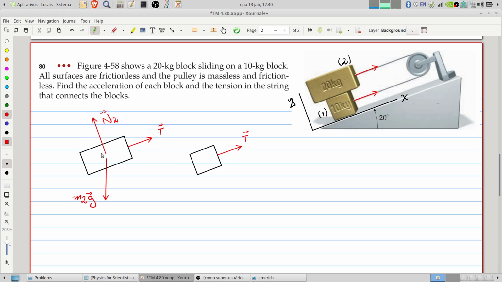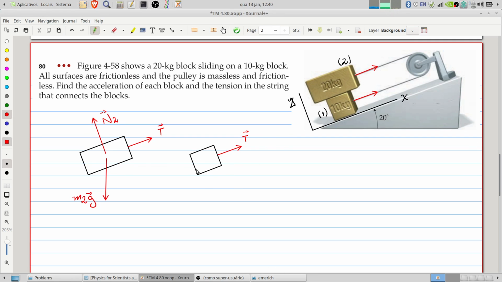Of course, the force of block 1 acting on block 2 is the same as the force block 2 exerts on block 1, action and reaction.